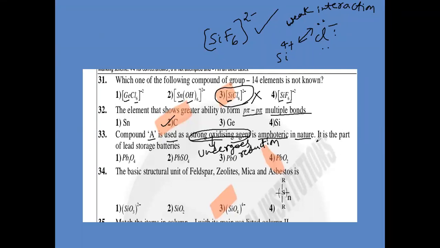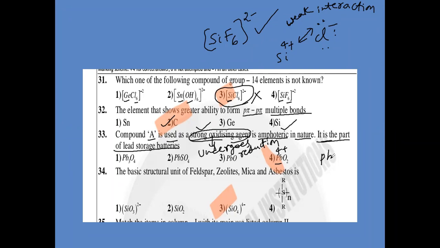Here it is part of the lead storage battery, which we study in electrochemistry in class 12. But they gave hints: amphoteric nature we understood, and strong oxidizing agent means it must undergo reduction. Suppose you take Pb plus 4. Is Pb plus 4 less stable or more stable? It is less stable.